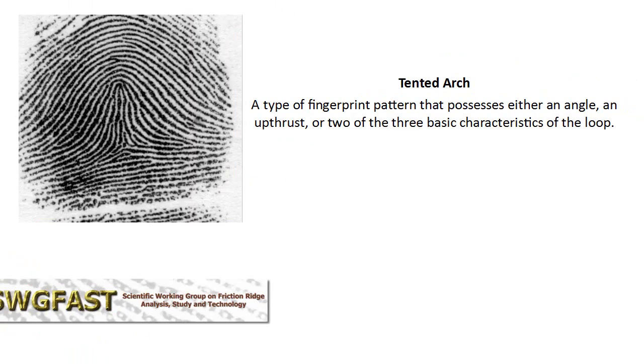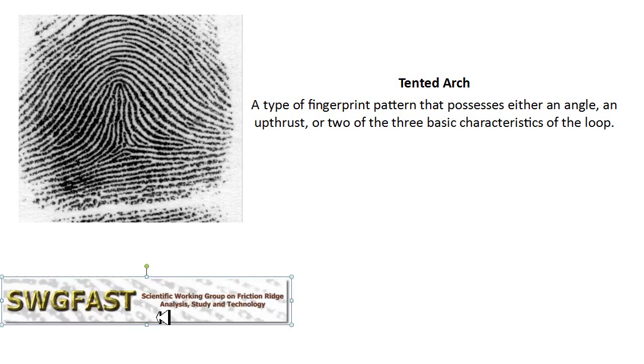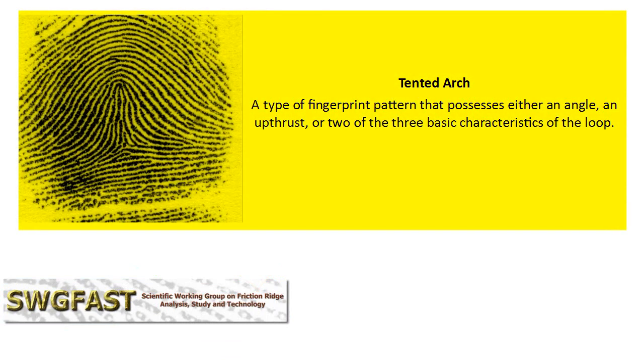The next definition that I'm going to use is from the SWGFAST, the Scientific Working Group on Friction Ridge Analysis, Study, and Technology. This is from their glossary. SWGFAST describes a tented arch as a type of fingerprint pattern that possesses either an angle, an upthrust, or two of the three basic characteristics of the loop.